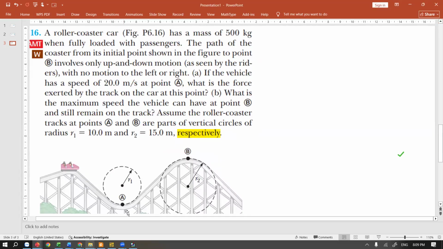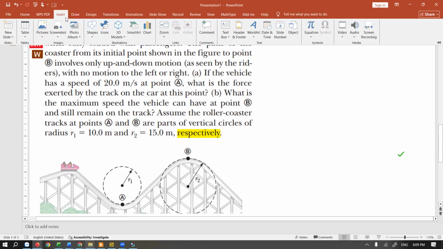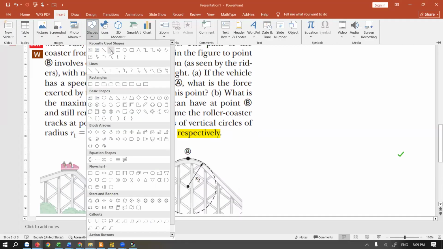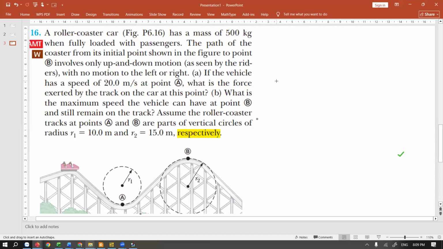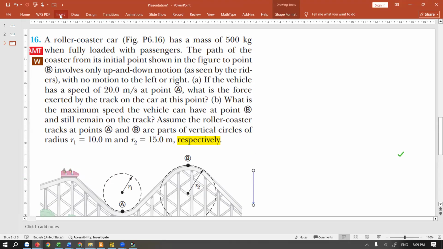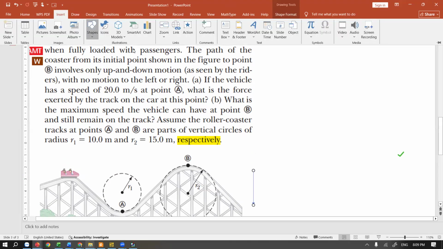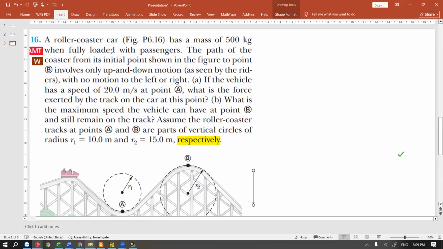Okay, we draw the free body diagram. At A, we have the gravitational force that is downwards, right? And the normal force that is upwards.